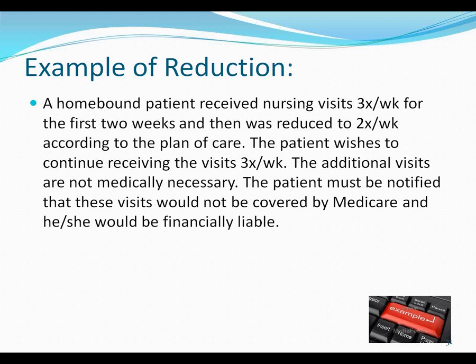So the patient must be notified that these services wouldn't be covered by Medicare and that that person would be financially liable, is when you would give the form. And I actually, after I go through a few more slides, I have an example of a HHABN that I filled out for a patient who would private pay.